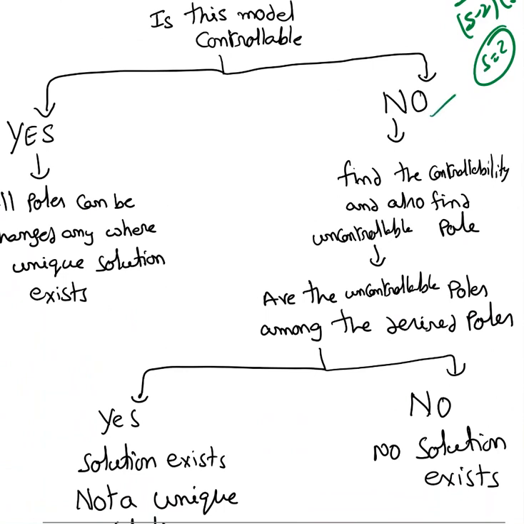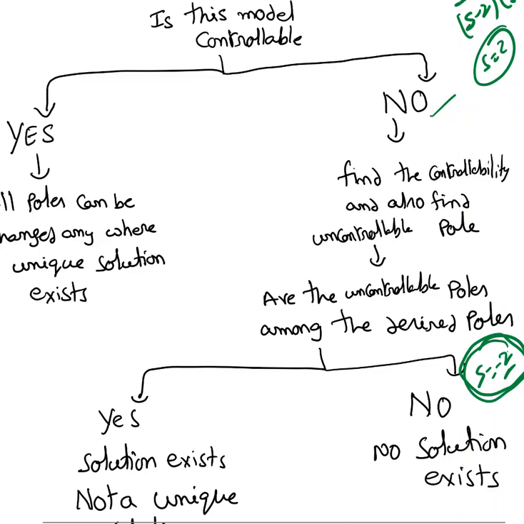Now find the controllability and also the uncontrollable pole. I found that the uncontrollable pole is s equal to minus 2. Now he's saying that to have a solution, you have to choose the uncontrollable poles among the desired poles. So you have to keep this pole as it is. Then only the solution will exist.